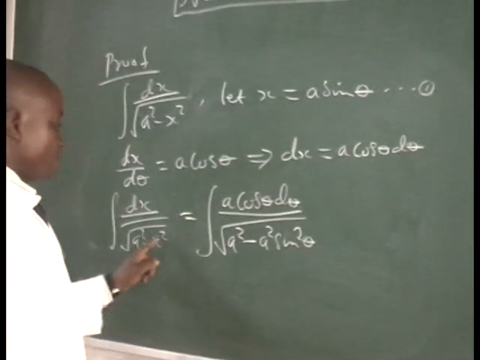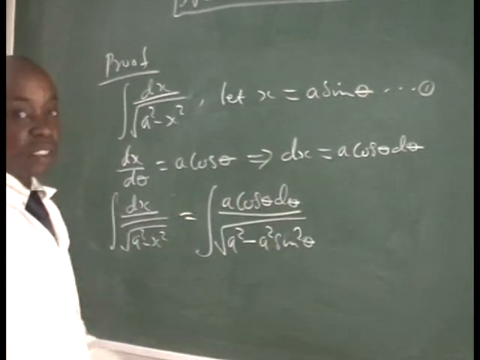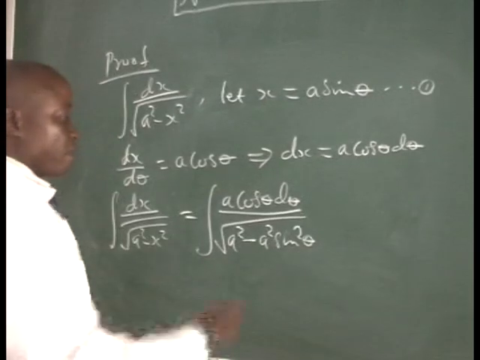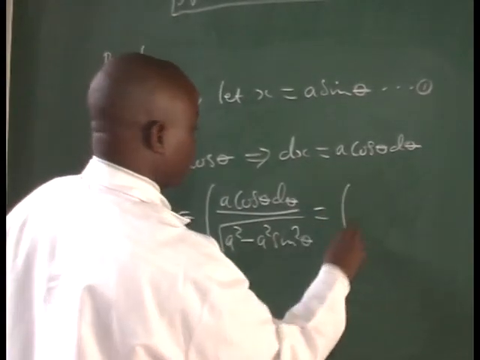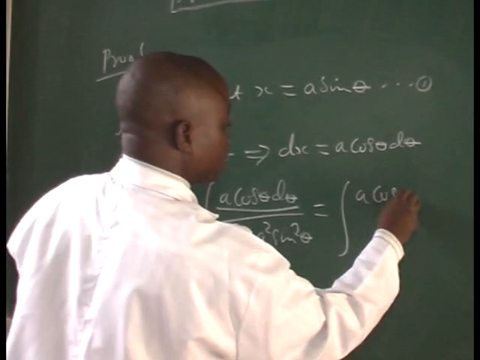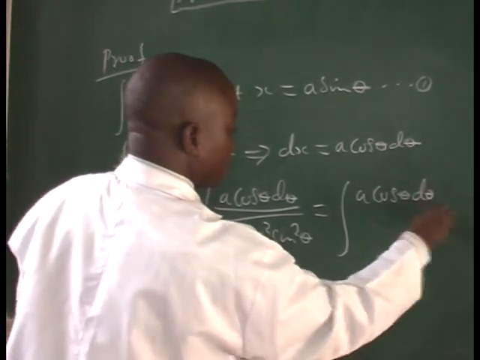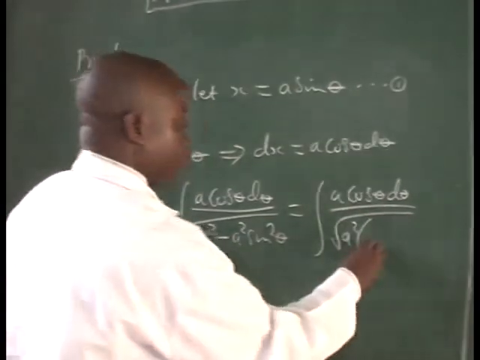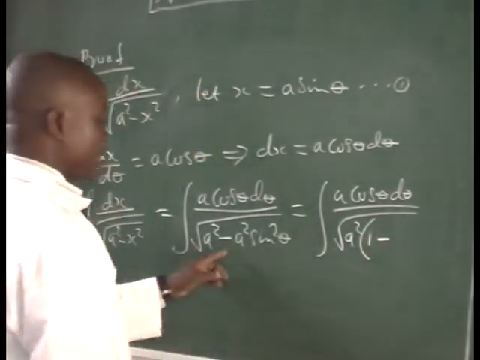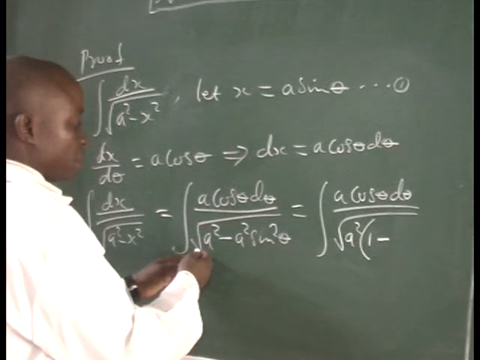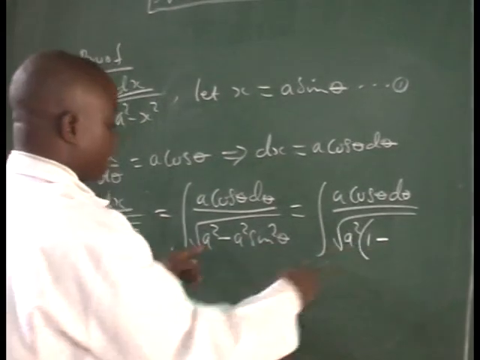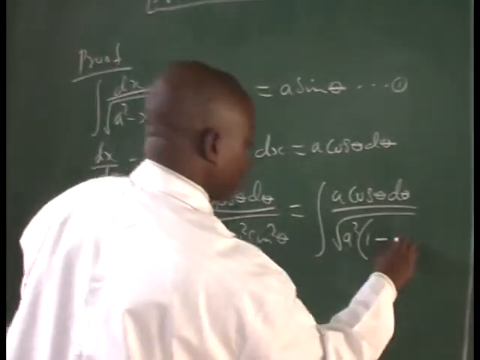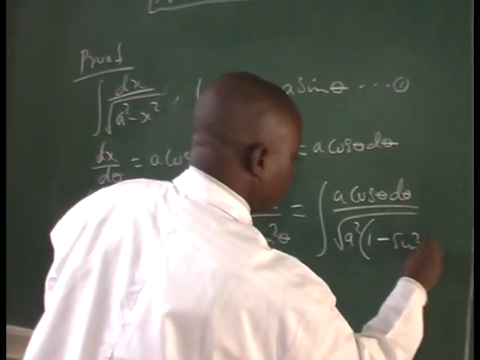Now that we have x squared, we have a squared sine squared theta. I'm just factoring out a squared, so I'll get back 1 minus sine squared theta.